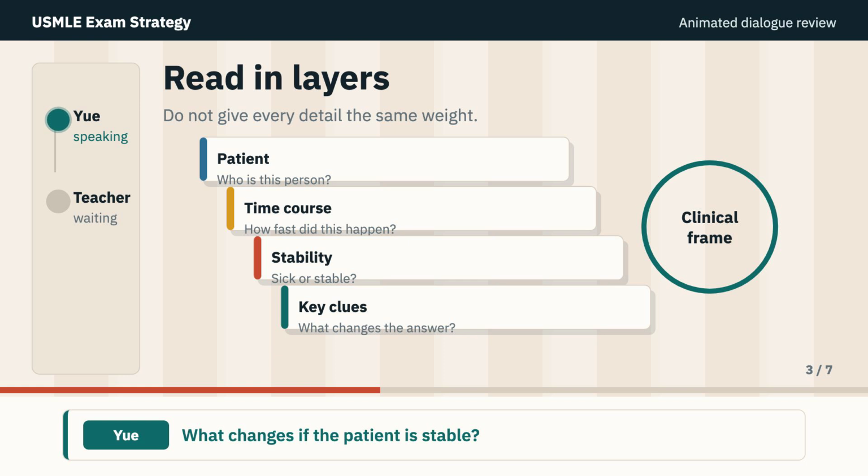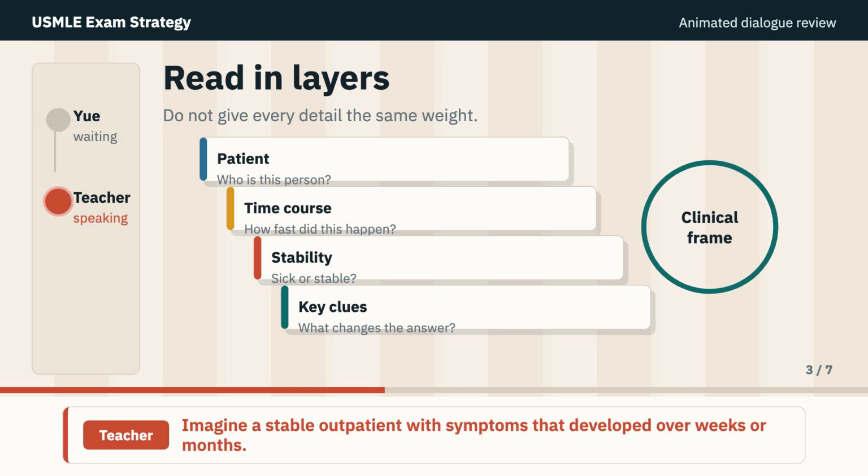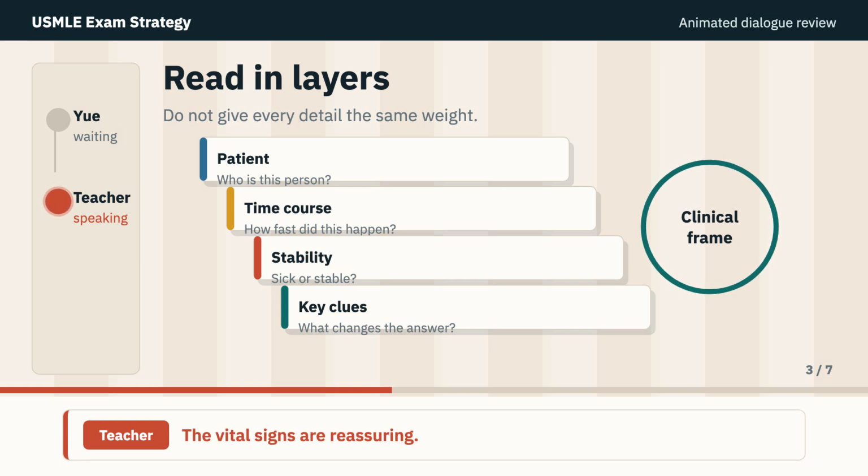What changes if the patient is stable? Now the logic can reverse. Imagine a stable outpatient with symptoms that developed over weeks or months. The vital signs are reassuring. There is no immediate threat to life. The last line asks for the next step. In that setting, jumping to treatment may be premature.